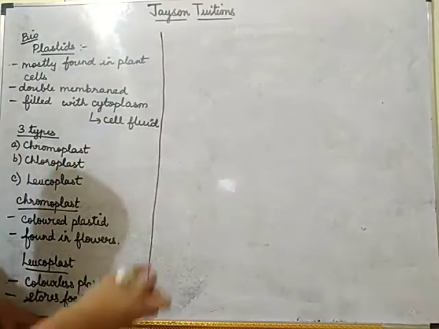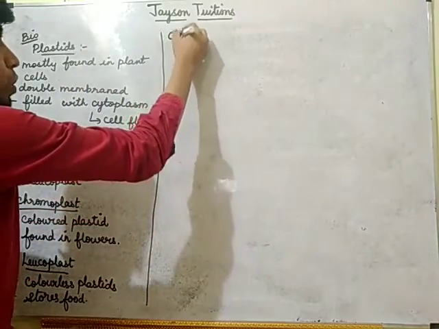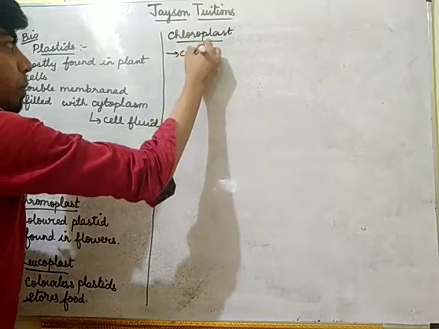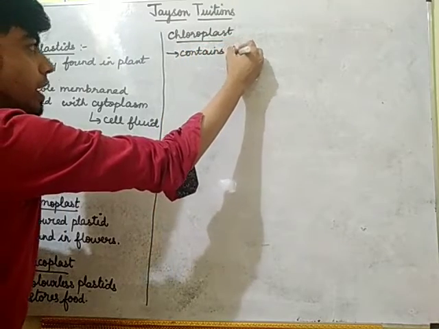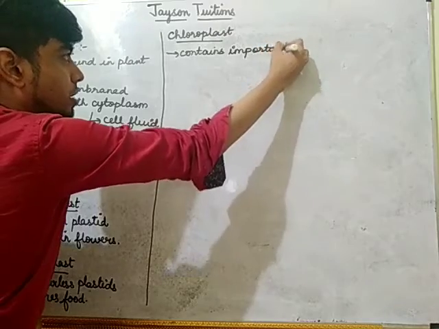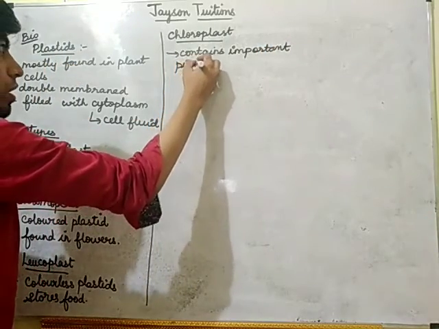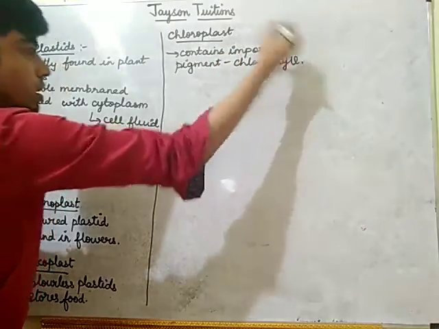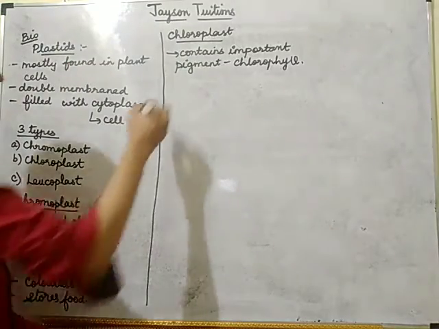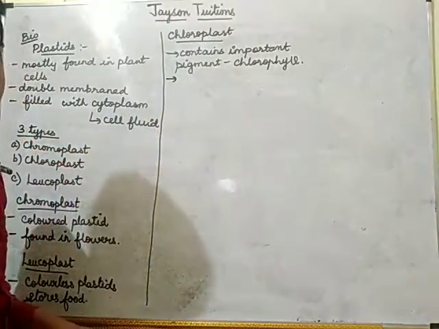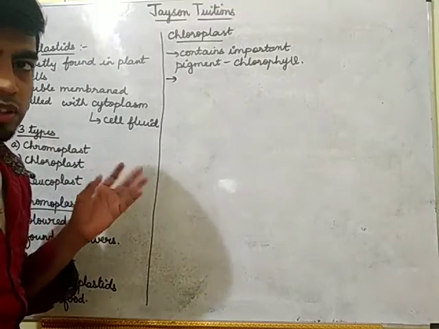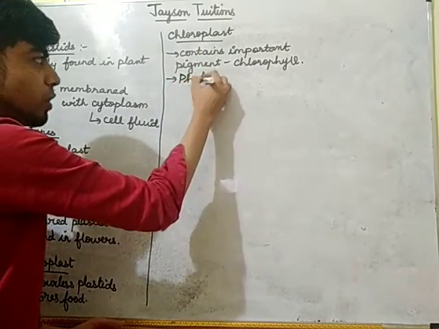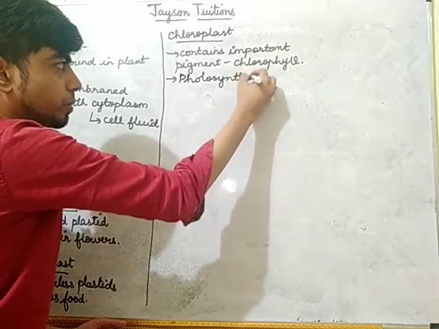The next one is chloroplast. The chloroplast contains an important pigment called chlorophyll. This chlorophyll is used for photosynthesis, to synthesize their own food. What is photosynthesis?